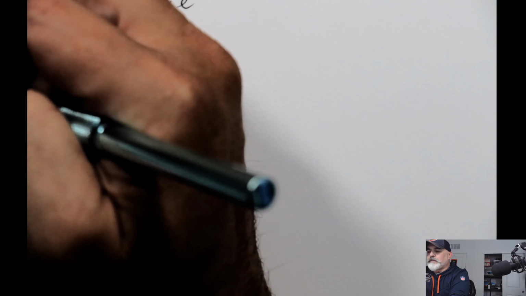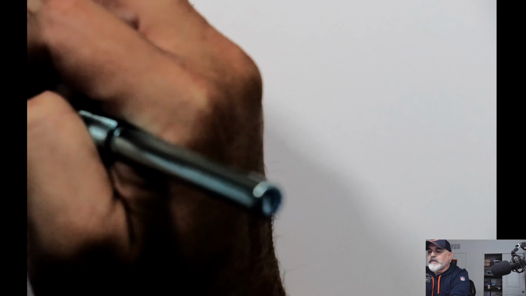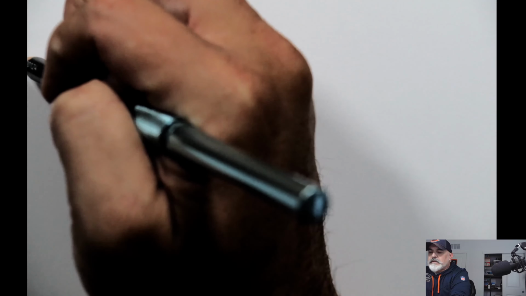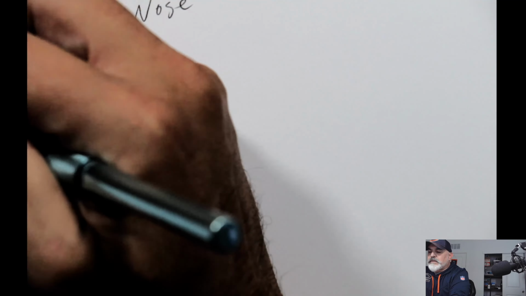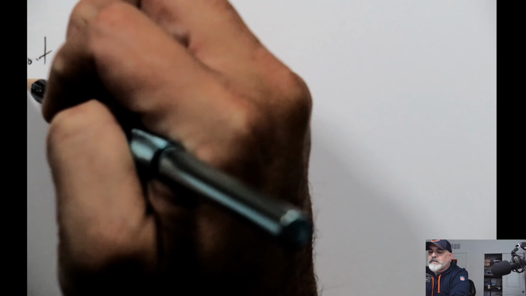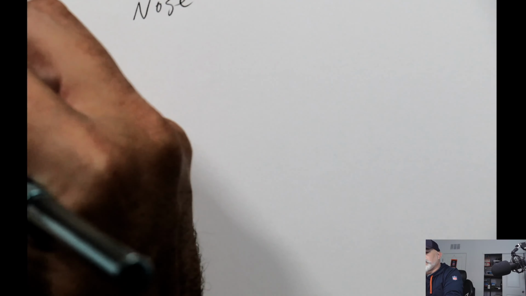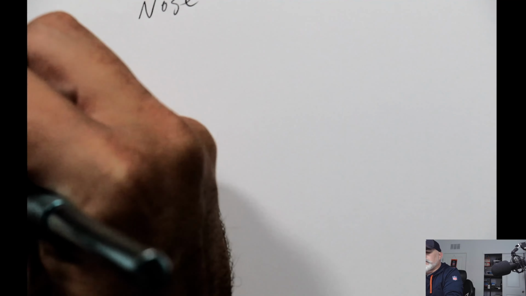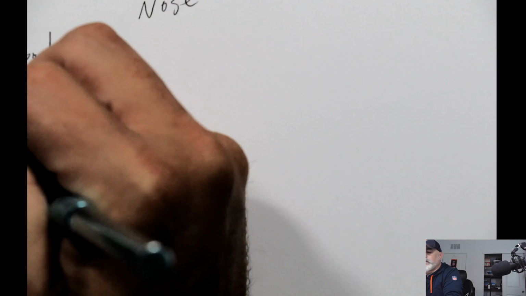So there's four things that we need to know, right? So we're just going to type in four things about the nose. All right, number one, we're going to look at the brow, and that's right above the bridge of your nose, which is our second thing.